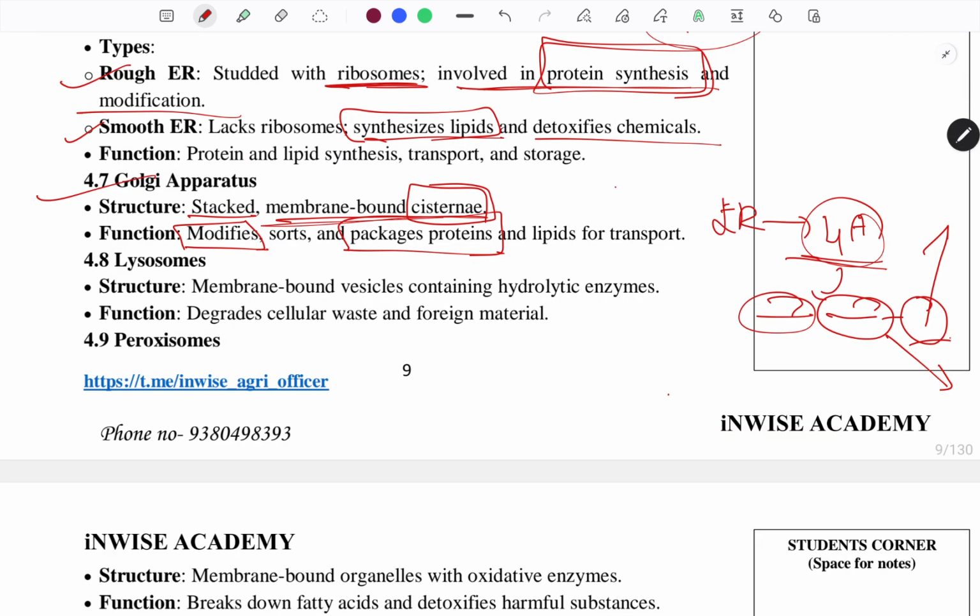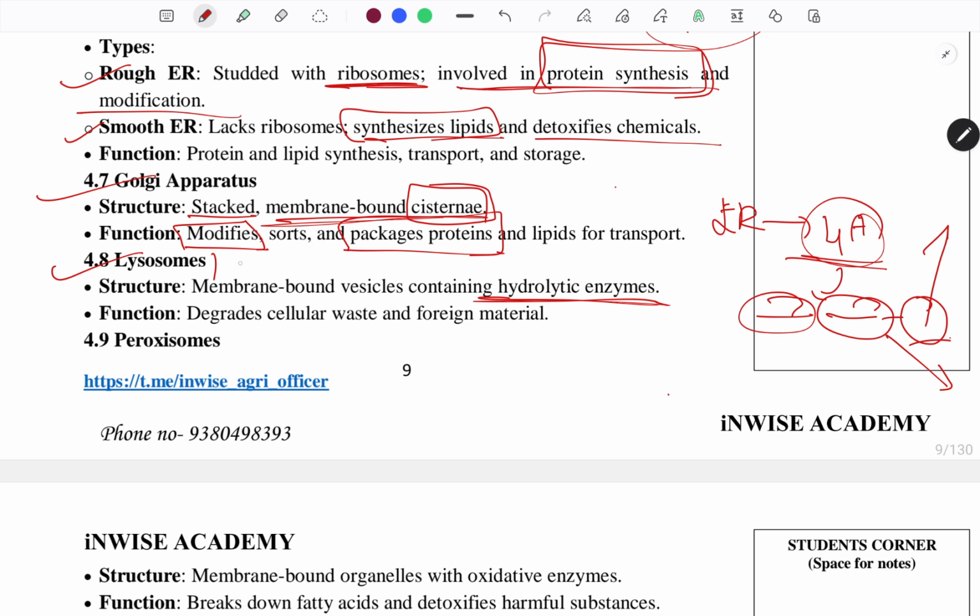The next organelle of the eukaryotic cell is the lysosome.